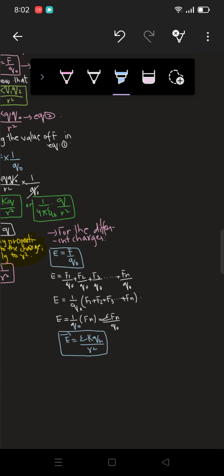Since the charges are the same but the forces are different, we take 1 upon Q naught common, and in the bracket F1 plus F2 plus F3 up to Fn. When we are adding these, we use summation, so the summation of forces upon Q naught, which I can also write as the summation of KQn upon r square. This is what we have calculated today for different charges.